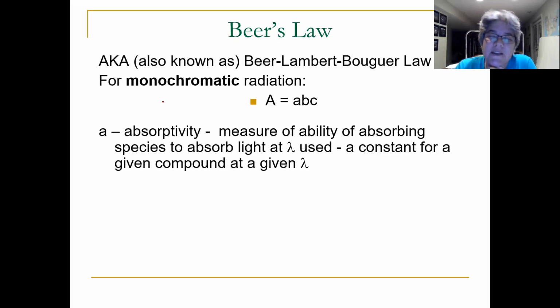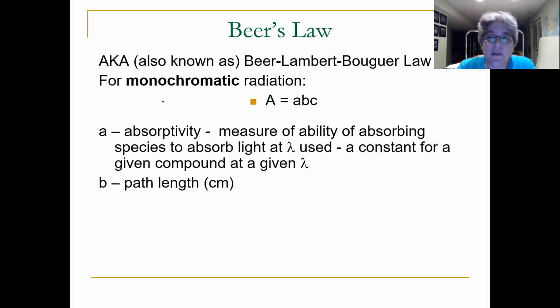Absorptivity is a measure of how strongly something absorbs. It's a constant, and for a given compound at a given wavelength, it's always the same number. If you change wavelengths or you change compounds, the number changes. It's a measure of the ability of something to absorb.